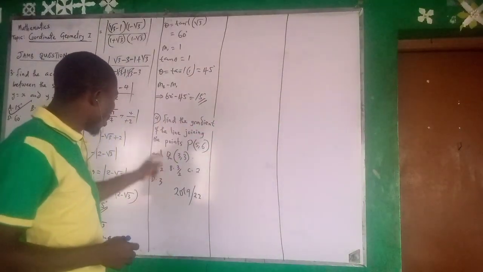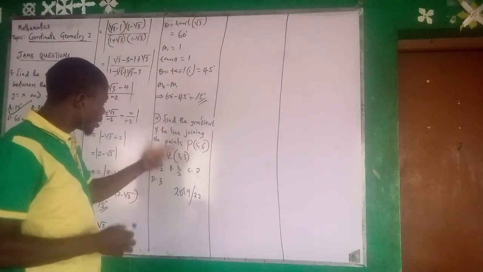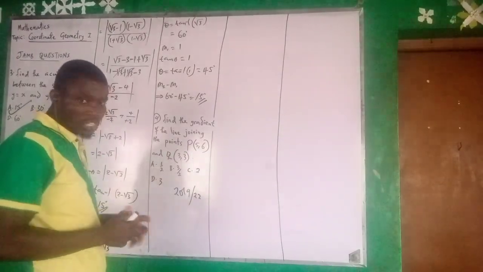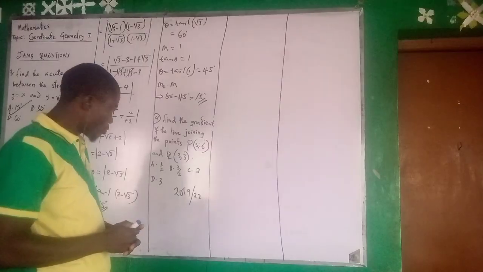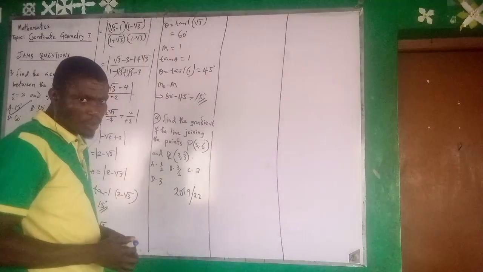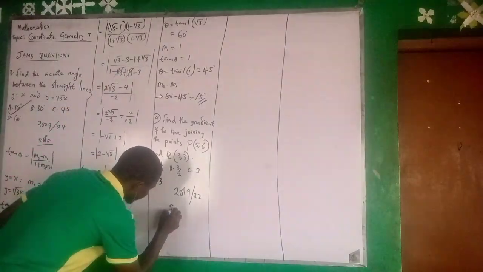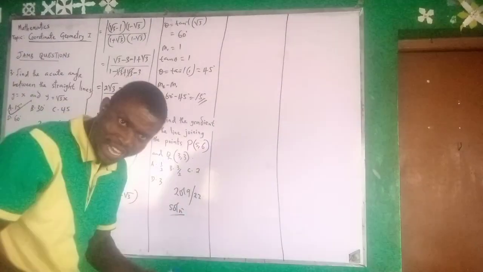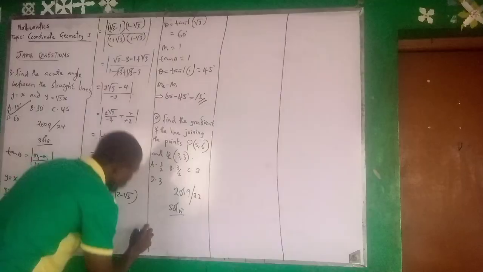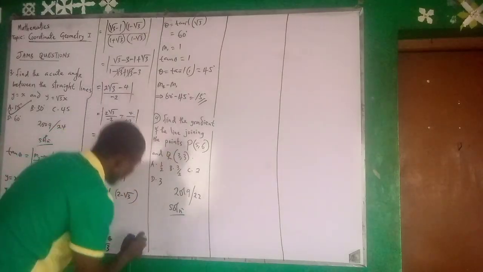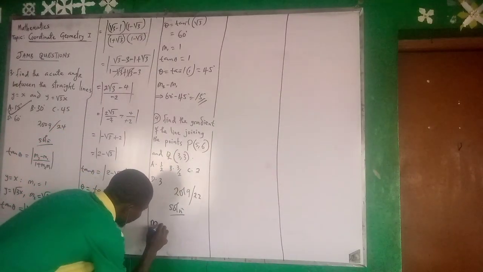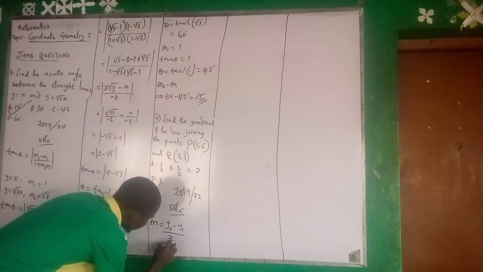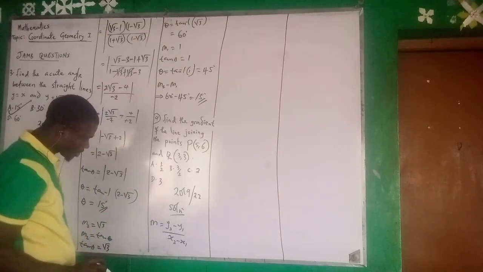Find the gradient of the line joining the point P having these coordinates and Q having these coordinates. This is the year they asked the question. Alright, I give you the formula for that. Solution. When 2 points are given and they ask to find the gradient, I told you now, the gradient, which is slope, m is equal to (y2 minus y1) over (x2 minus x1), right?